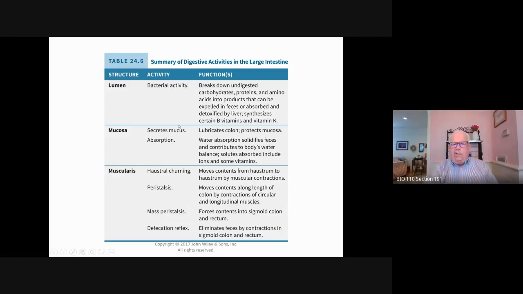But here I want you to see that vitamin K is made from bacteria in your colon. So if you take antibiotics and you kill these bacteria, you won't be able to make certain vitamins.